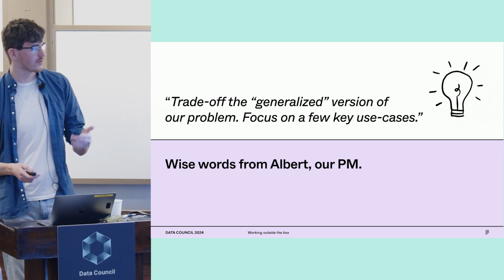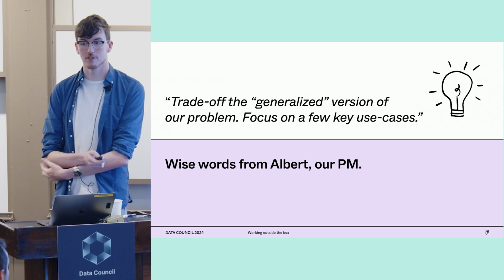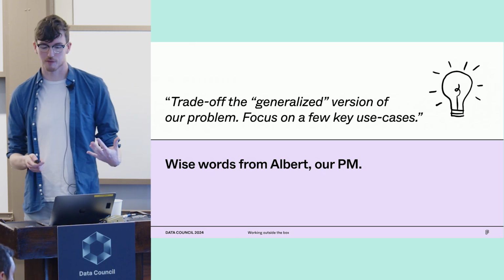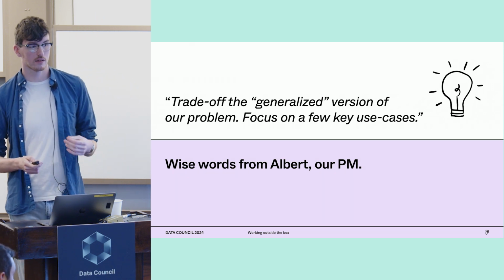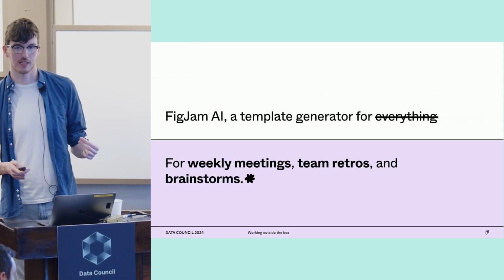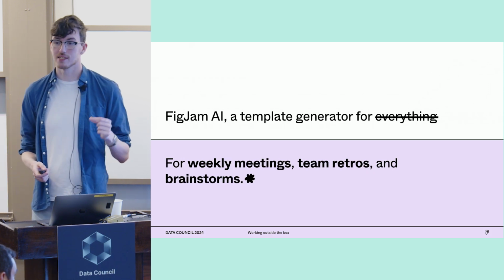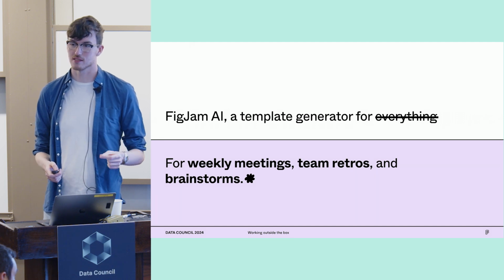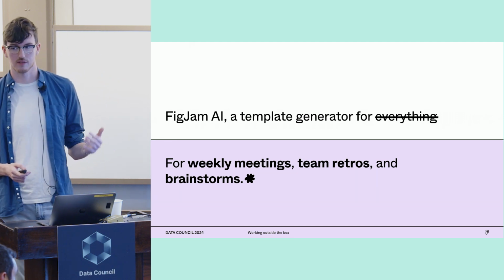And so these are wise words from Albert, the product manager on our team and for this project. We realized with our MVP, we could not make a template generator for everything, but we could make a template generator for weekly meetings, team retros, and brainstorms.